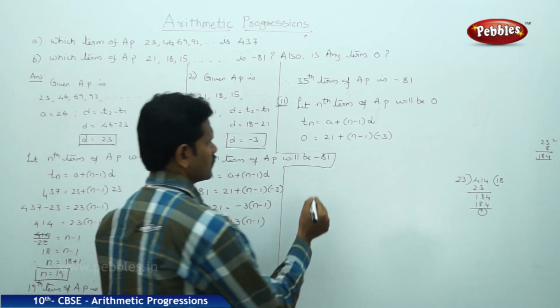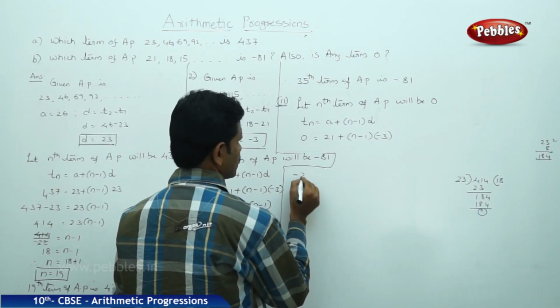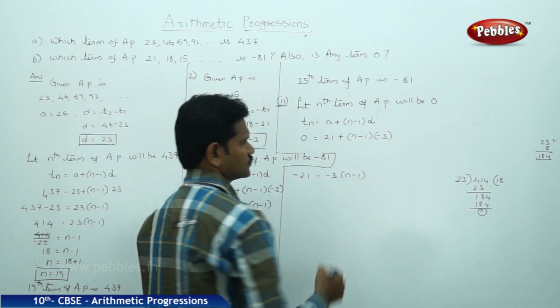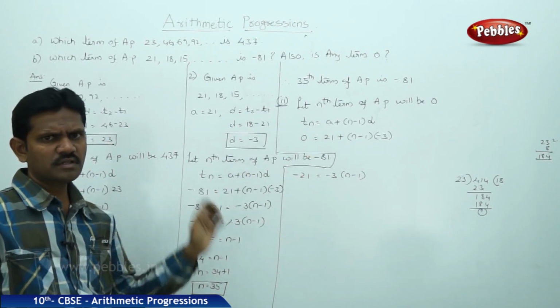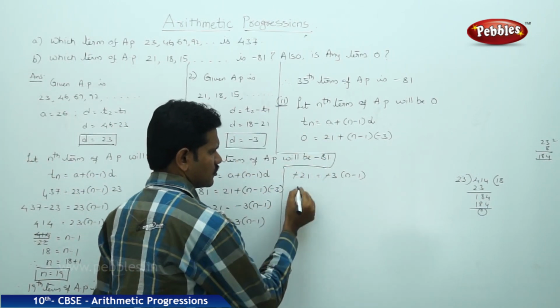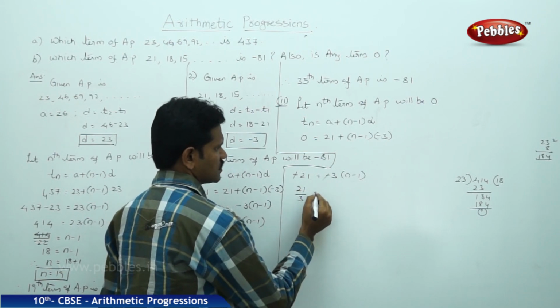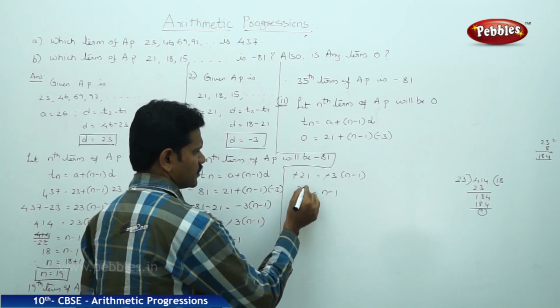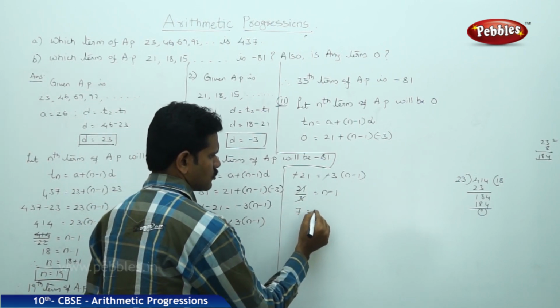That is, minus 21 is equal to minus 3 times (n minus 1). Bring the 21 to the other side, that is minus 21. Minus minus gets cancelled. 21 by 3 is equal to n minus 1. 3 sevens are 21, so 7 is equal to n minus 1.